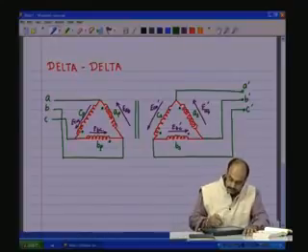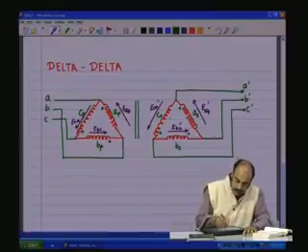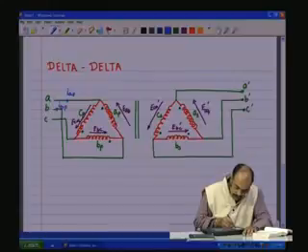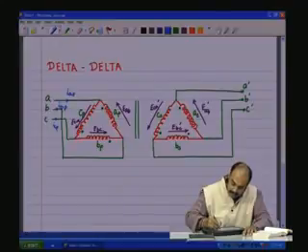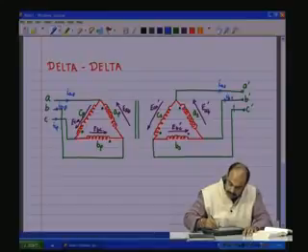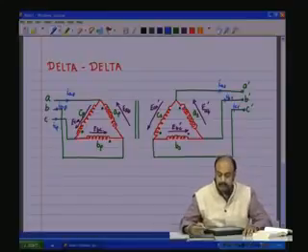Now, here we have 3 currents, that is IA primary, IB primary, IC primary, and the 3 currents coming out of this line here, and we will call those IA secondary, IB secondary, IC secondary.